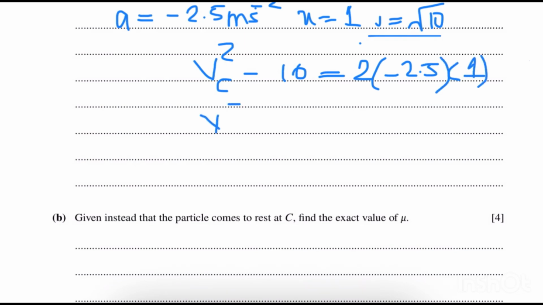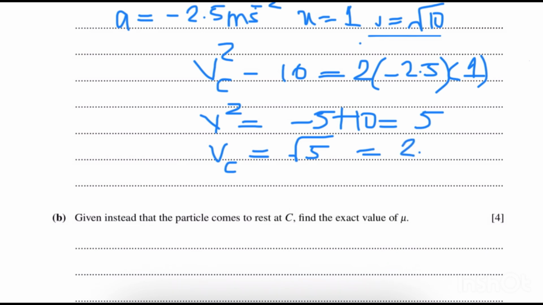So that means v squared is equal to minus 5 plus 10, which is equal to 5. That means that the velocity of the particle at C is equal to under root 5, and if we simplify it further, this is 2.24 meters per second, and this becomes the velocity of the particle at C.